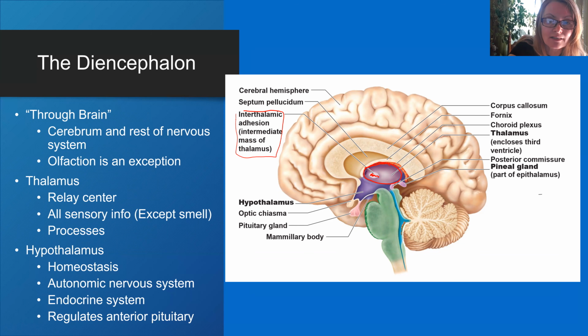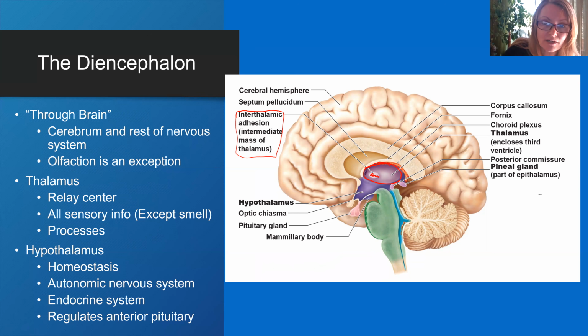So that's the name. That is a part of diencephalon. So all sensory information, with exception of smell, will go through the thalamus, and the thalamus will direct this information to the appropriate part of the cerebral cortex.